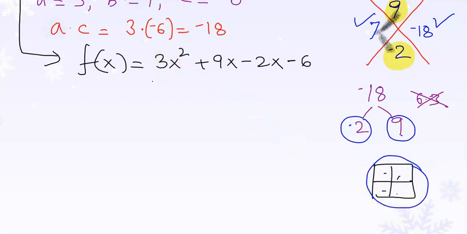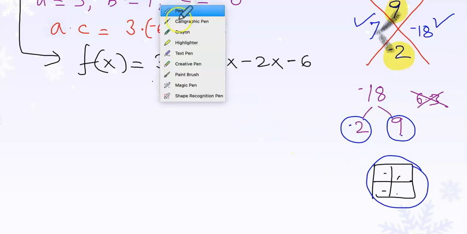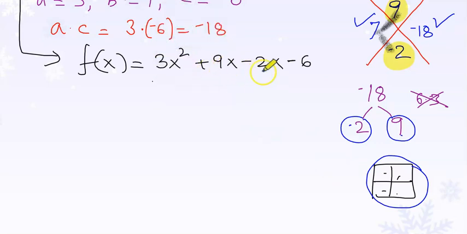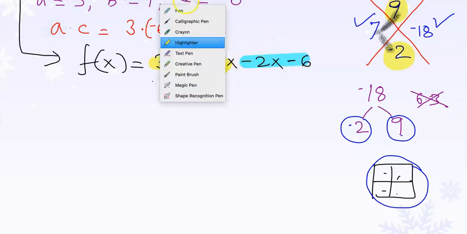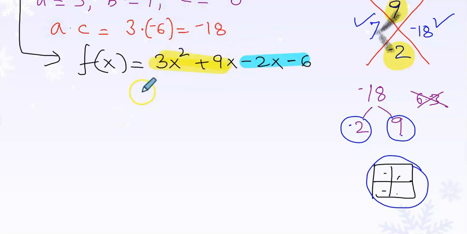Okay, so let us break down these 4 terms into 2 pairs. I'll handle these 2 terms together and the next 2 terms together. First, let us look for the greatest common factor between 3x squared and 9x. First the numbers. What is the greatest common factor between 3 and 9?